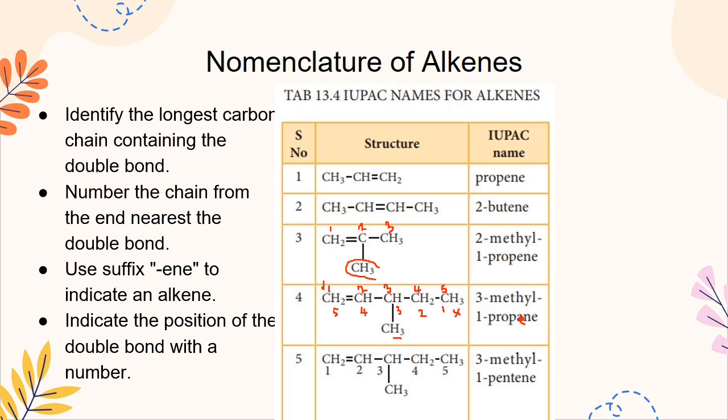Now let's take a look at number 4. Can you identify the longest chain? The longest chain will be this straight chain we have there. Now where do you think we are going to start our numbering from? In this case, you have to consider the position of the double bond.